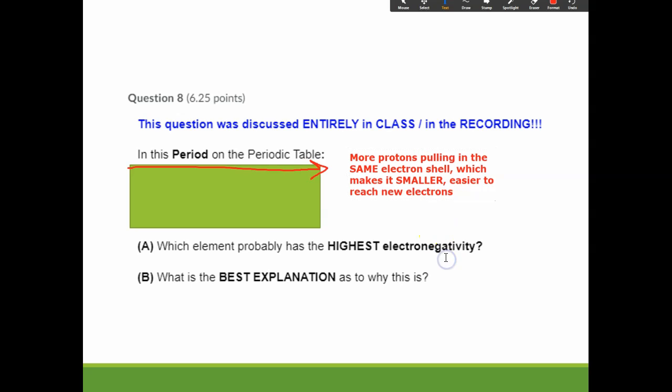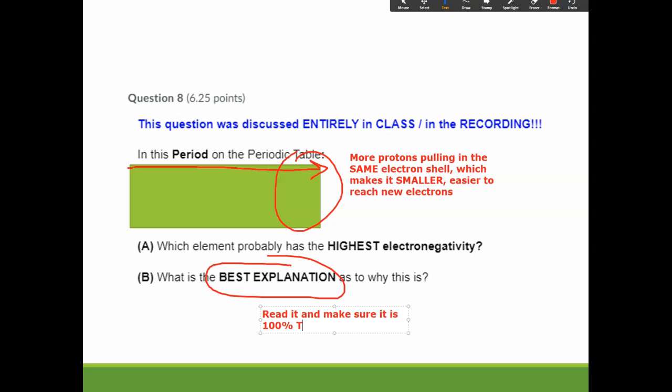The smaller you are, the easier it is to reach. So that should help you identify which one has the highest electronegativity. Again, we want to move more towards the right, and make sure you read the actual explanation and make sure it is 100% true.